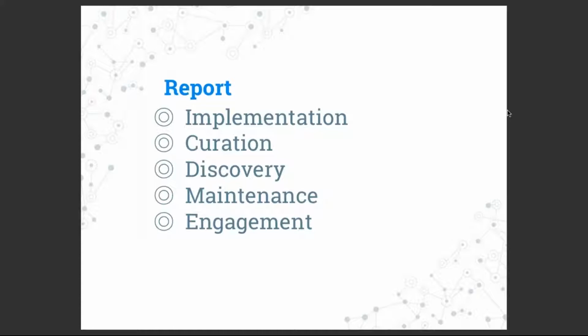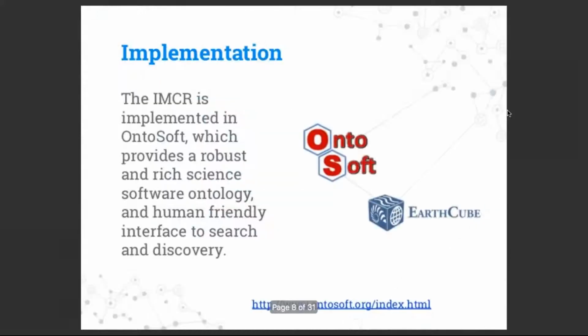So implementation of the registry is in OntoSoft, which provides a robust, enriched science software ontology and a human-friendly interface to search and discovery. OntoSoft is a project of EarthCube. It's been around for several years. It's in a stable state.